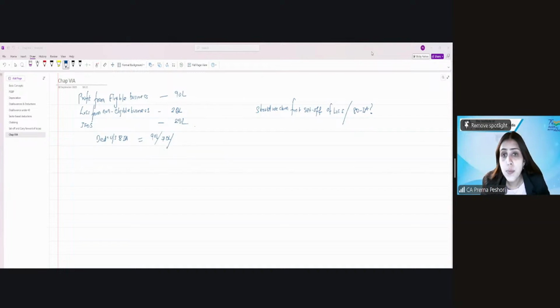That is where 80IA(5) comes into the picture, which says, notwithstanding anything contained in any other provision of the Act, for the purpose of determining the quantum of deduction, the profits of the eligible business shall be computed as if the eligible business was the only source of income.